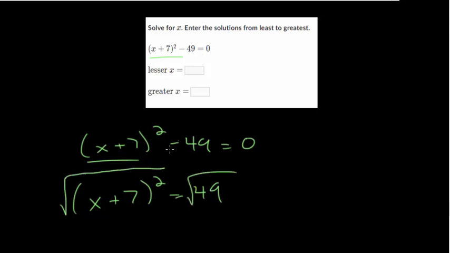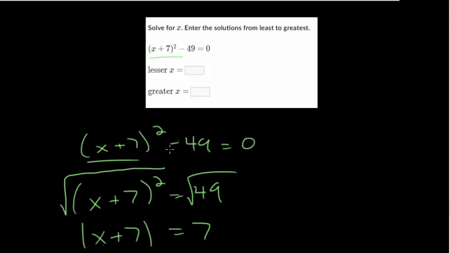And like I mentioned at the beginning part of the video, in the first video, when you take a square root of a square, technically it's equal to the absolute value of whatever is underneath the square root. So the absolute value of x plus 7 is the square root of 49, which is 7. But in absolute value equations, there are going to be 2 different solutions.